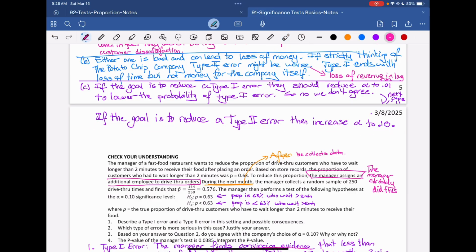And since type 2 error seems worse, increasing alpha would be better. Okay, so you're just justifying your answer there.